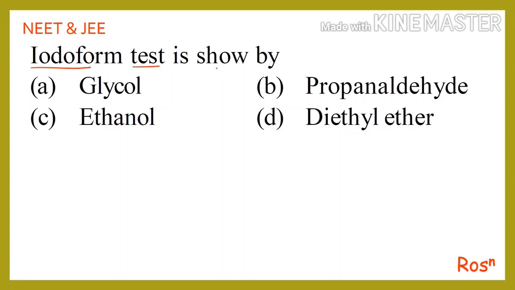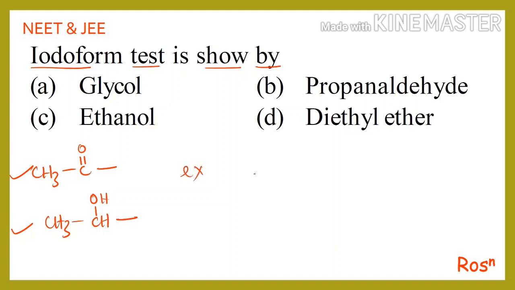Iodoform test is shown by which of the following? Which gives the iodoform reaction? Now, what is the condition for the iodoform reaction? The compound either contains CH3CO group, or the compound must contain CH3CHOH group. Example, CH3COCH3, that is acetone, which contains CH3CO group, so it gives iodoform reaction.